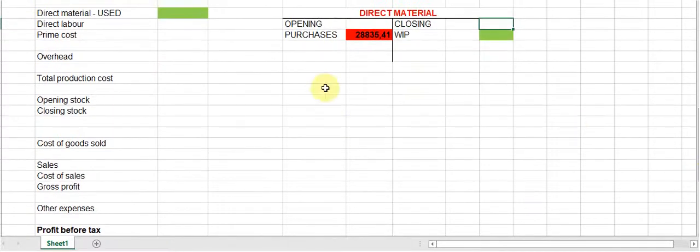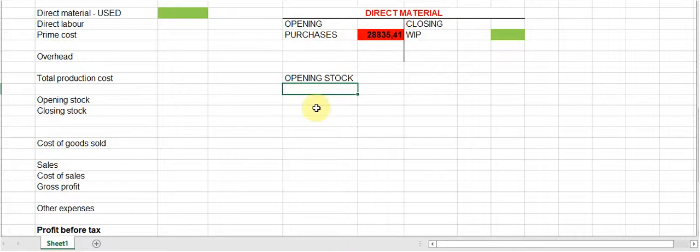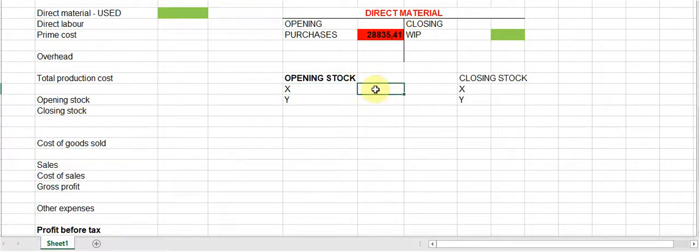In terms of opening stock, we have our material X and our material Y. And then for closing stock, we also have material X and material Y. So now we need to go and see in the opening stock, what units did we have for material X and Y?